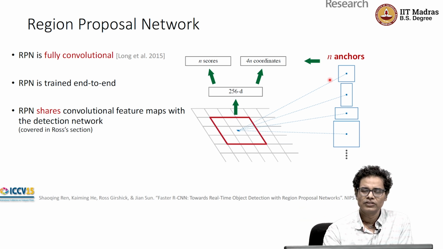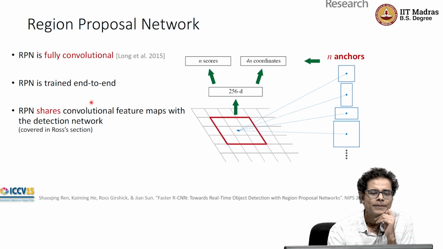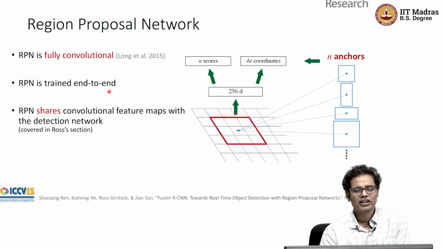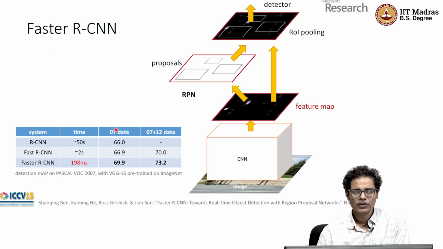That is another version. And so ultimately this RPN, the region proposal network, is fully convolutional, and it is also trained end to end, and it shares the convolution feature map with the detection network, which is good, right? So overall, this is the thing.